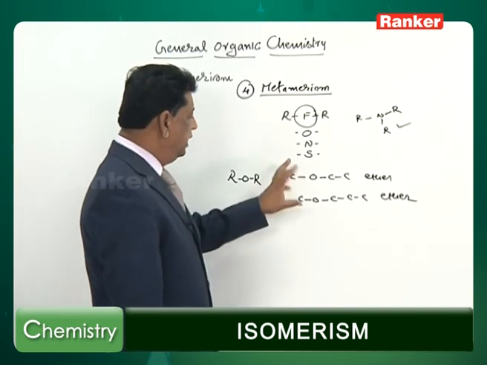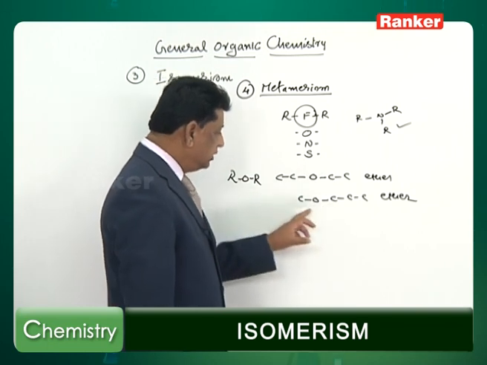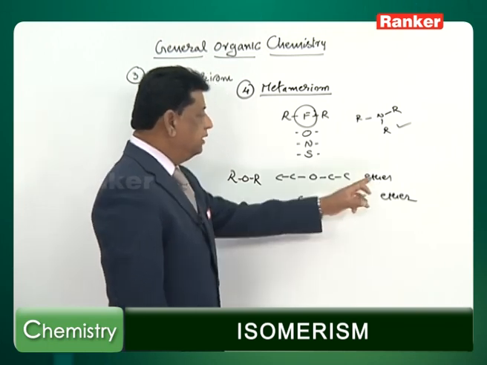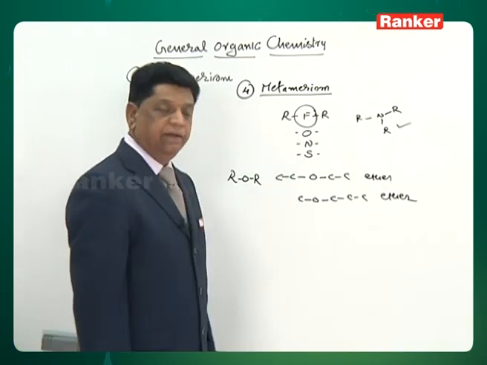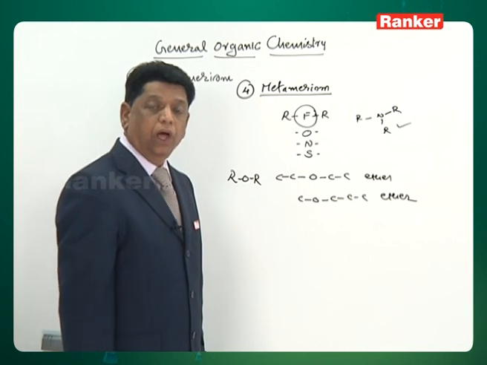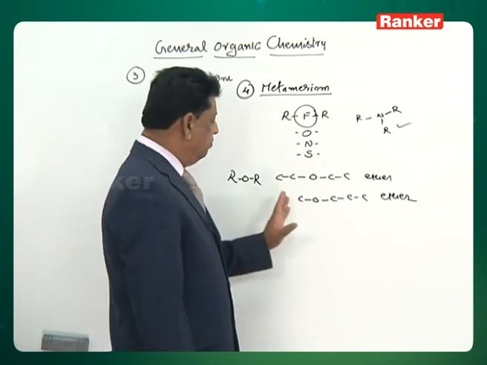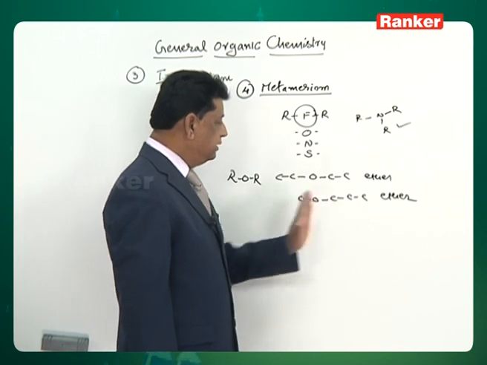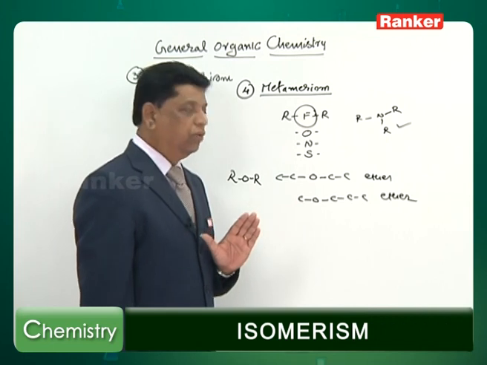This type of rearranging the number of carbons without affecting the functional group nature, both are ether, that should be there. If this carbon also I shift that side, then it will become a butanol, an alcohol. Alcohols and ethers are functional isomers. So, while shuffling the number of carbons, you must see that the functional group is restored, and at least minimum 1 carbon should be there.